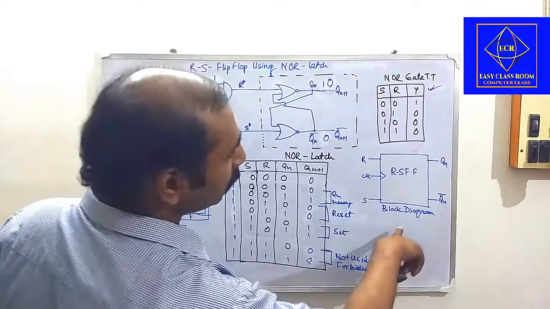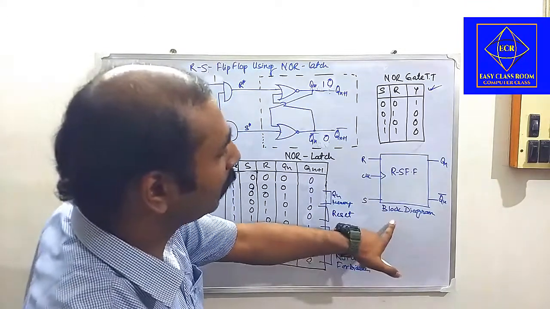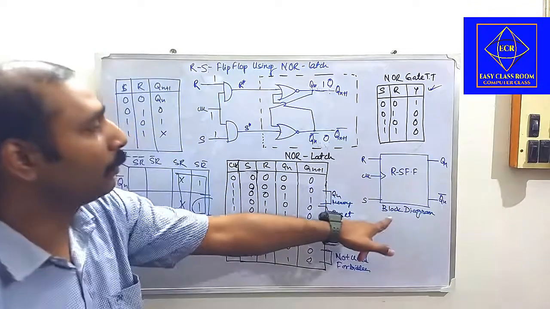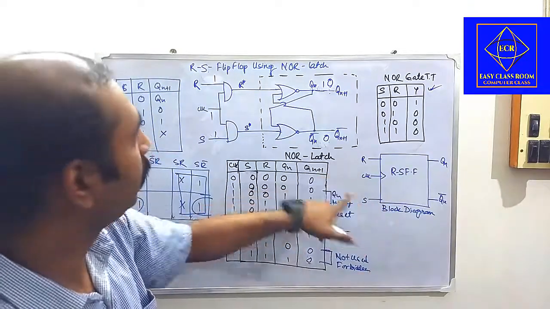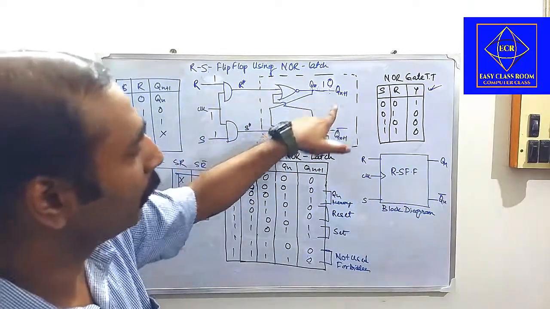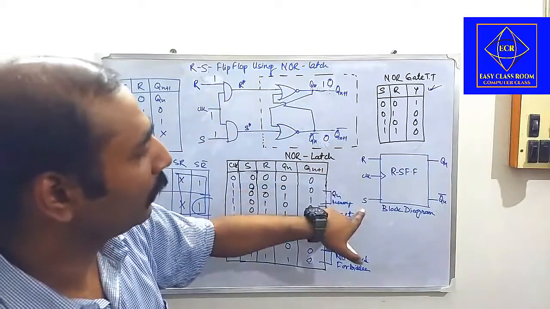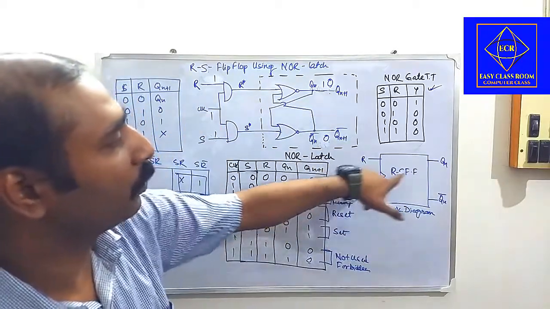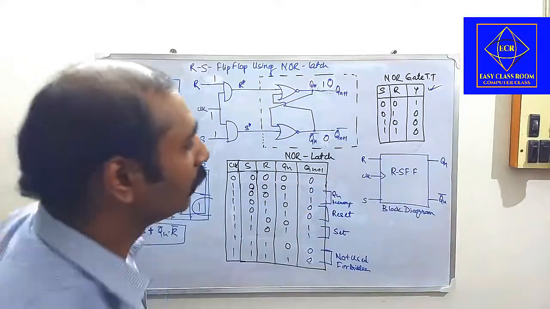Okay. So this is the block diagram, and we haven't discussed it here yet. R is here and S is here, and this is the actual circuit. R is here, S is here, and the clock pulse is here. So we are getting Qn and Qn complement.